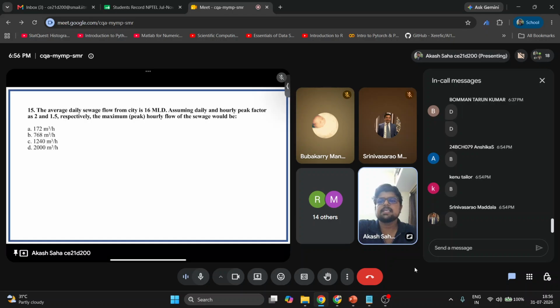The average daily sewage flow from a city is 16 MLD. Assuming daily and hourly peak factor as 2 and 1.5 respectively, the maximum peak hourly flow of the sewage would be. So you have to find out the maximum peak hourly flow.